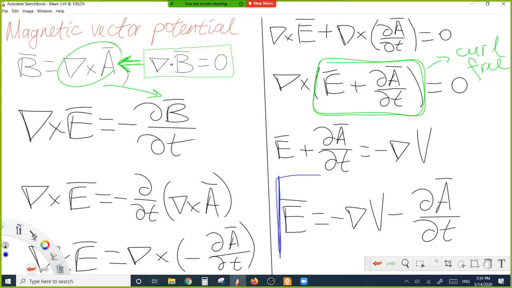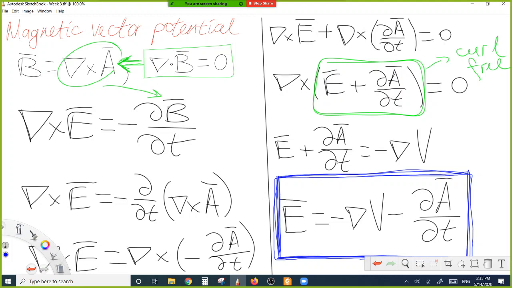This is the more general expression for the electric field intensity E in time dependent fields. So this form is a general electric field intensity.